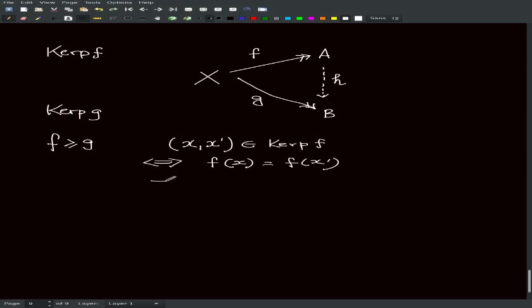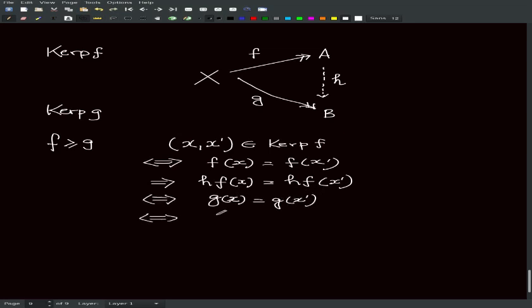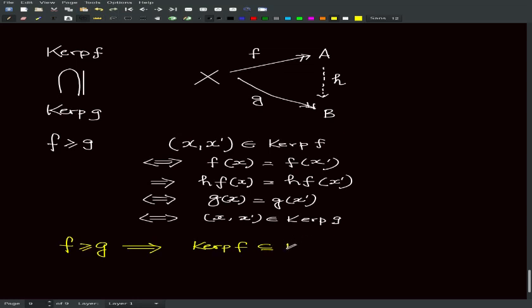But I have this H, so since F of x is equal to F of x prime, H of F of x is equal to H of F of x prime, which is the same as saying G of x is equal to G of x prime, which is therefore the same as saying that (x, x prime) is in the kernel pair of G. So what I prove therefore is that F greater than or equal to G implies that the kernel pair of F is smaller than the kernel pair of G. Okay?